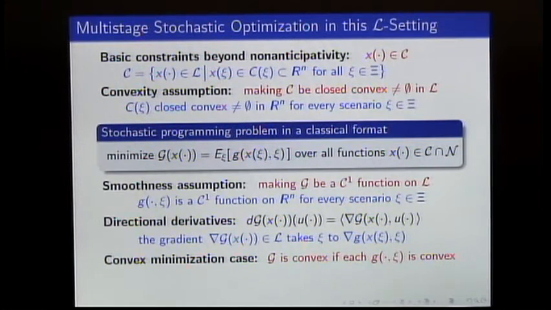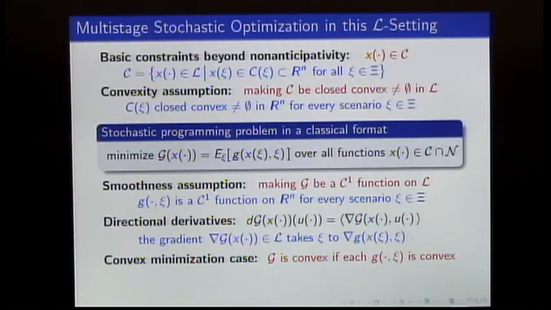So I'm thinking here that for each scenario ξ, I have a set C of ξ, and I require the decision for that scenario to belong to that set. So these are conditions that are separated by scenario. And I'm going to assume that those sets C of ξ are closed, convex, and non-empty, and that will mean that this set C, as a subset of this response space, is a closed convex set in that space.